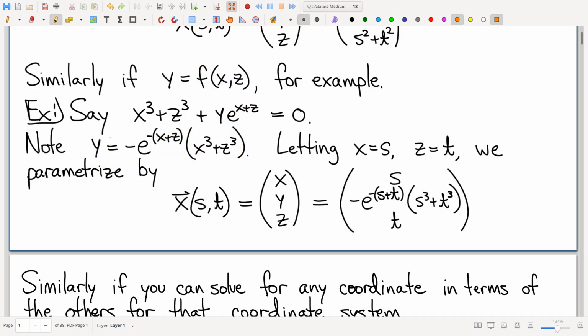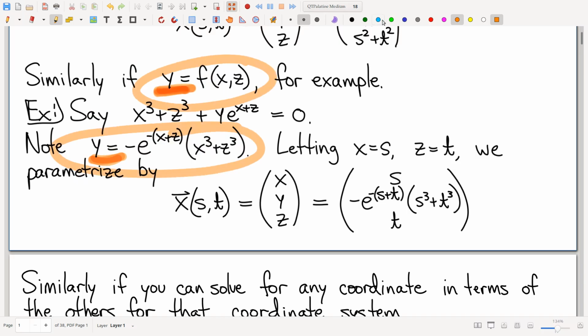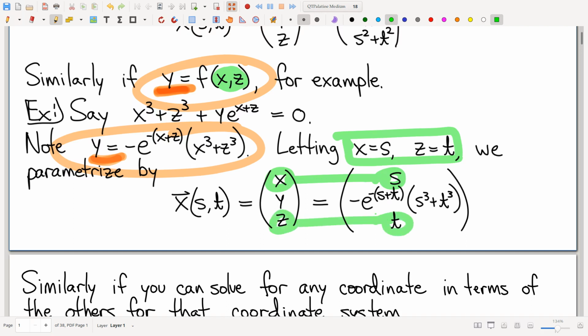Okay. So yeah, sometimes you have to move things around a little bit. But that said, now that I have it written as a graph, just like it's given here, I'm going to follow the instructions. It says let my inputs be my parameters. So x and z are my inputs. I'm going to let x and z be my parameters. Notice, again, I put that in there in my developing parameterization. x and z are s and t.